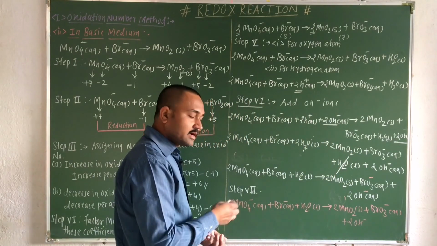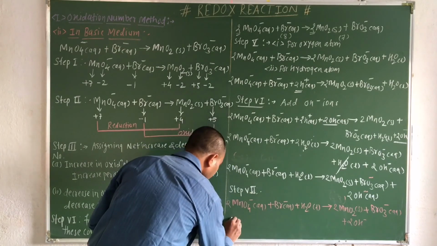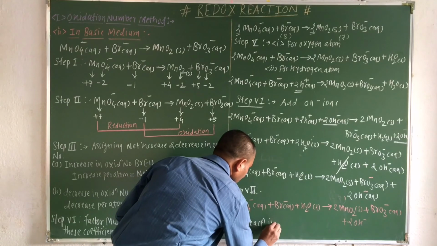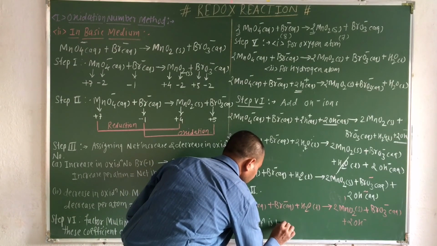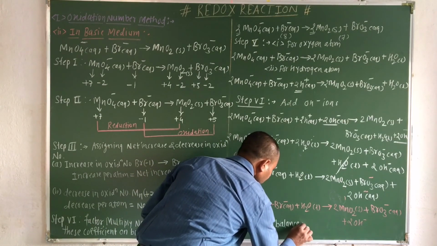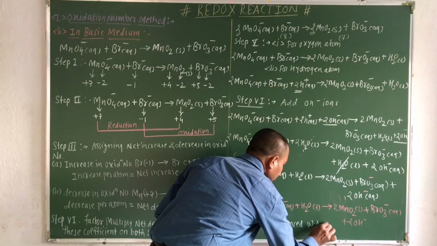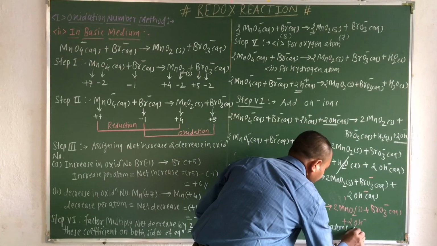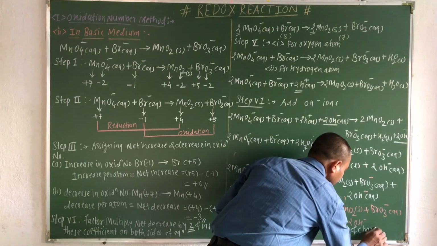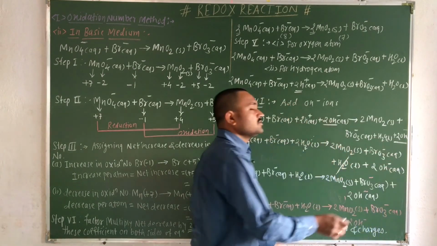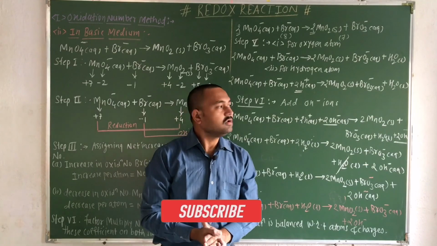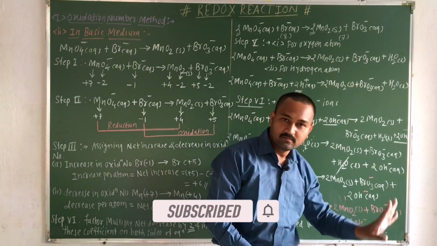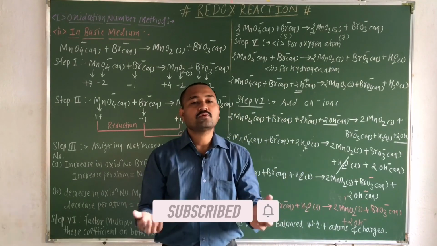And you have to simply write down one statement: this reaction is balanced with respect to atoms and charges. These are the steps that are involved in balancing your redox reaction with respect to atoms and the charges. So thanks for watching this video.